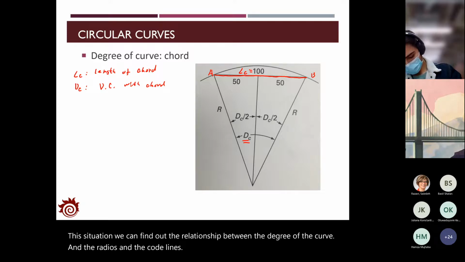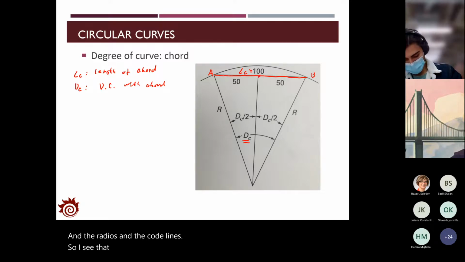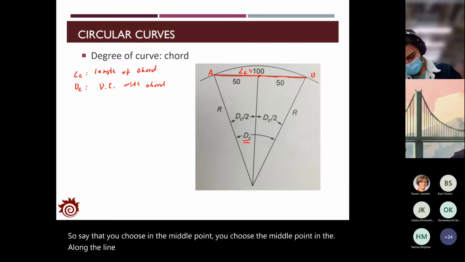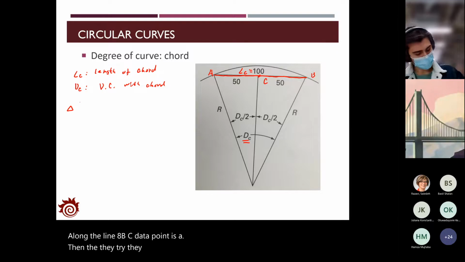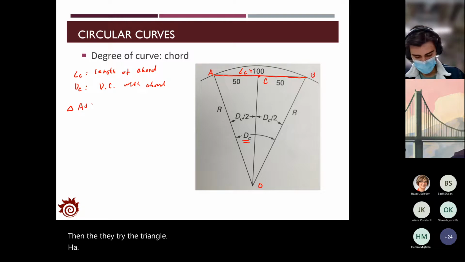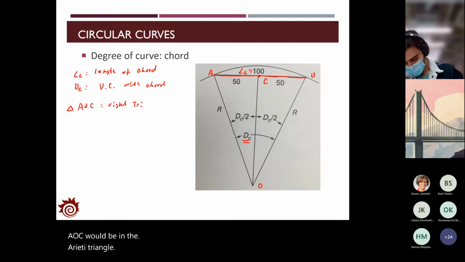Say that you choose the middle point along the line A to B. Say that the point is C. Then the triangle AOC would be a right triangle, and this is a property of the circle.